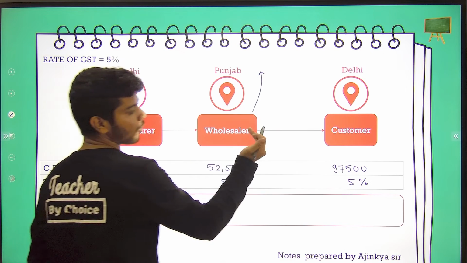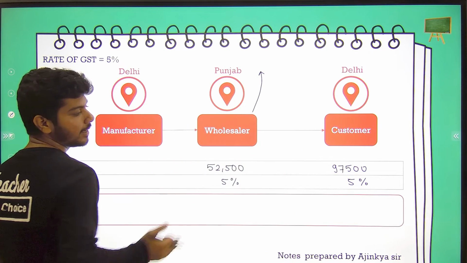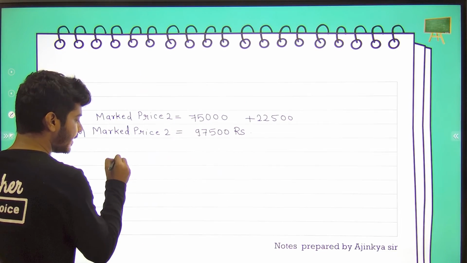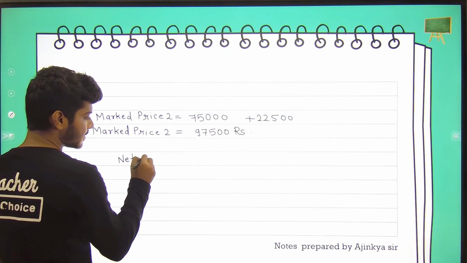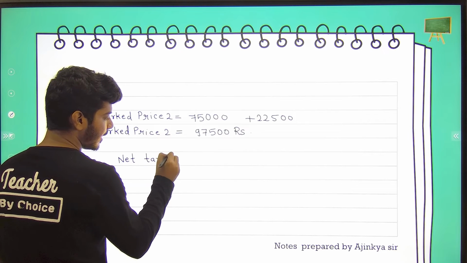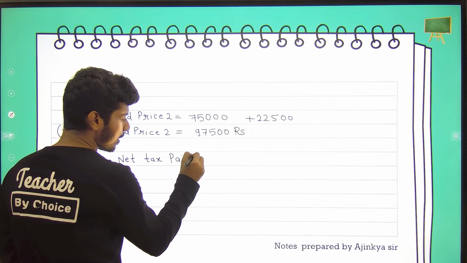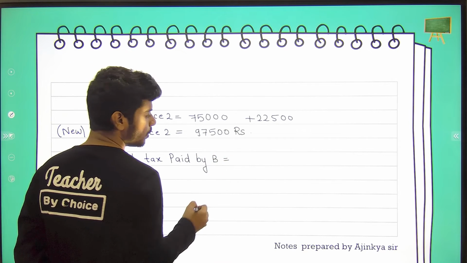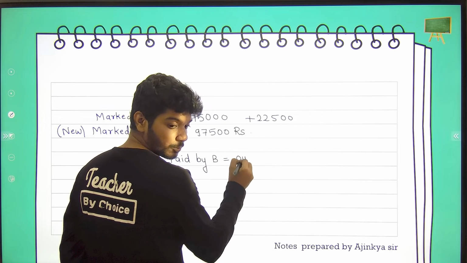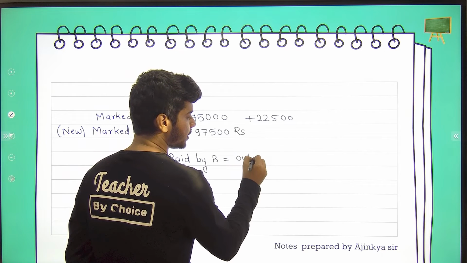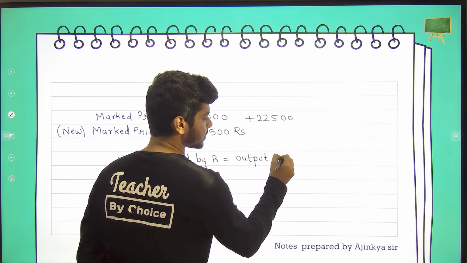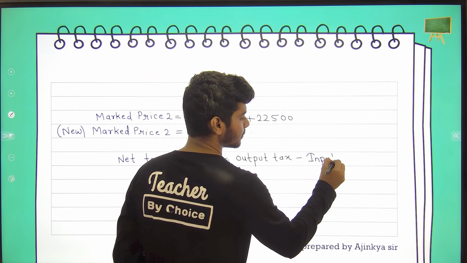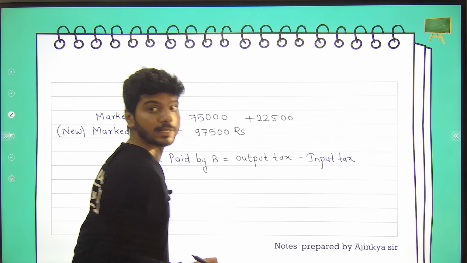Now we have the output side and the input side. So net tax paid by B would be equal to output tax minus input tax. I hope this part is clear now.